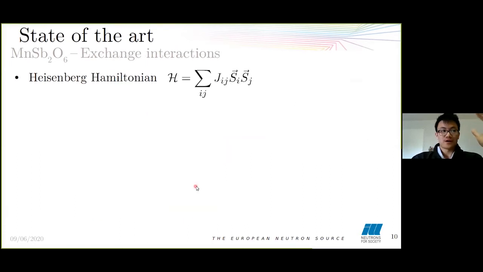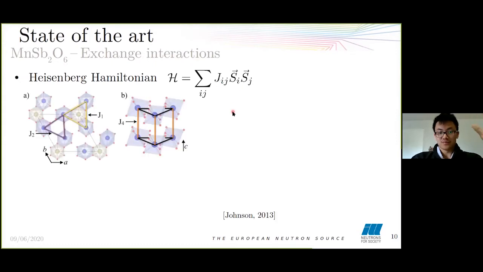So then we can describe this magnetic structure by a Heisenberg Hamiltonian. In this case, the spins at sites I and J are related by a symmetric exchange interaction. This was described in a previous paper, and they proposed 7 exchange interactions. So G1 and G2 are interplane interactions.